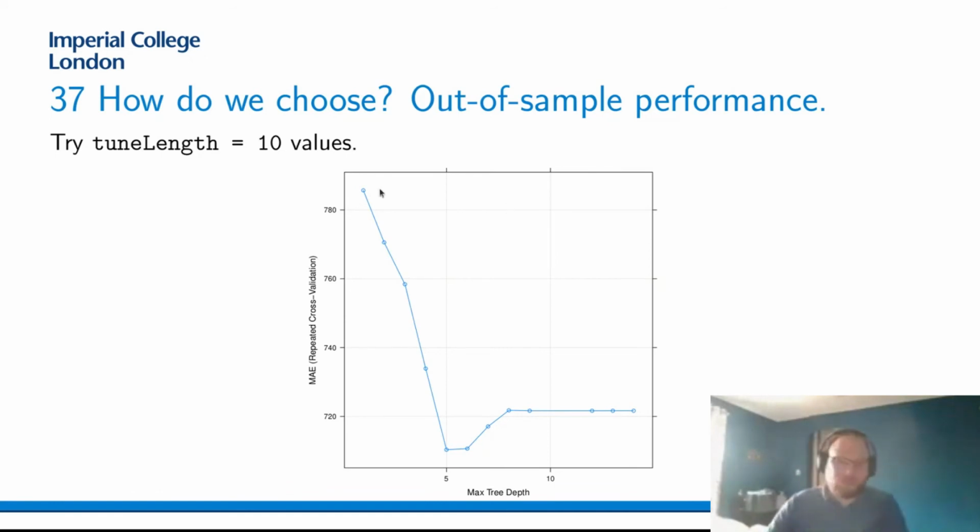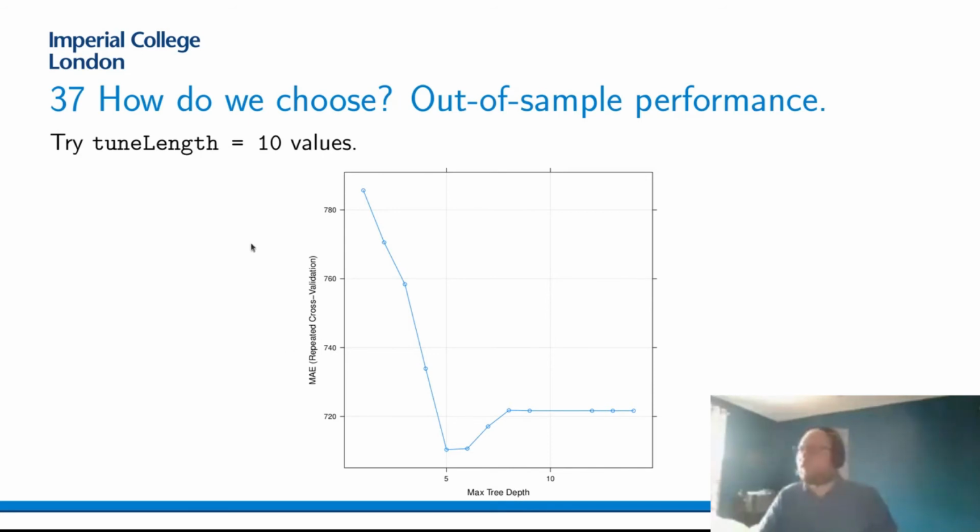This is the plot you get if you just do plot of your M1 object. On the y-axis, we've got the mean absolute error, so how good our model is. High is bad, high is lots of error, low is good. Along the x-axis, we've got our tuning parameter, which here is the max tree depth.